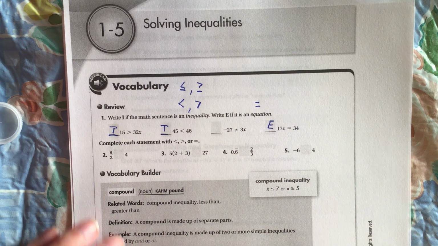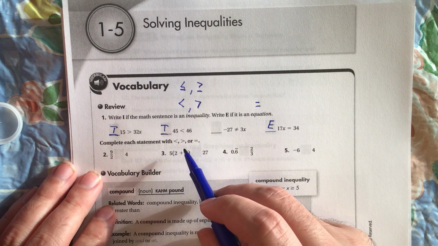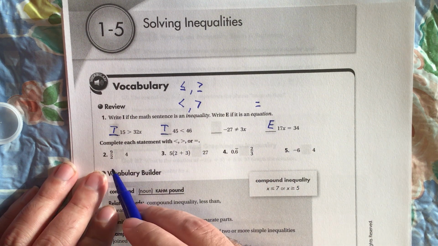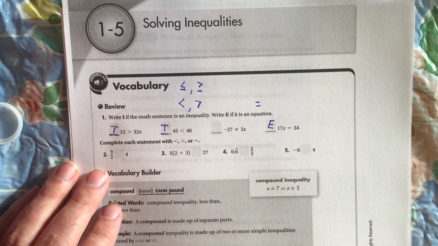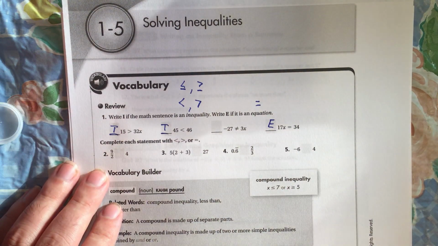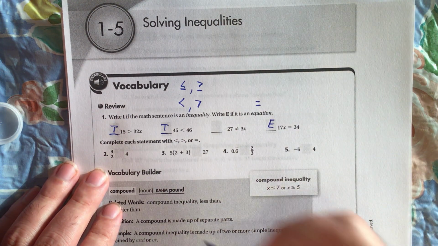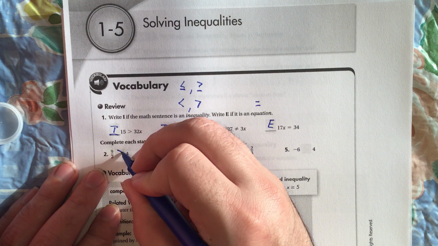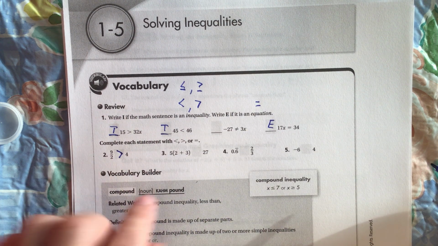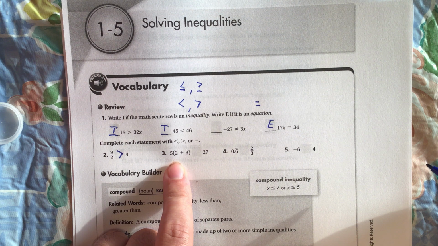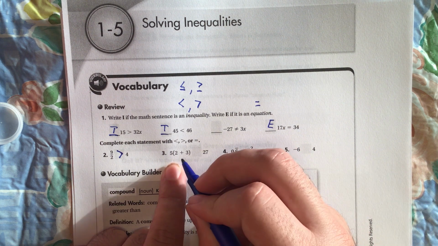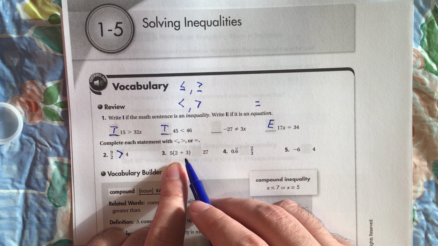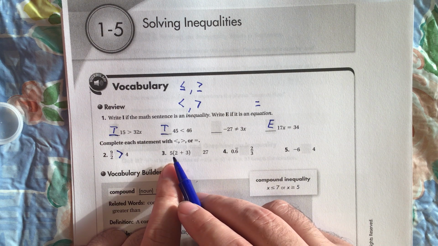Okay. Complete each sentence with the less than, greater than, or equal to symbol. 9/2. What is that? That is about 4.5, right? That's definitely greater than 4. Let's do some math here. What is this? 2 plus 3 is 5. 5 times 5 is 25.